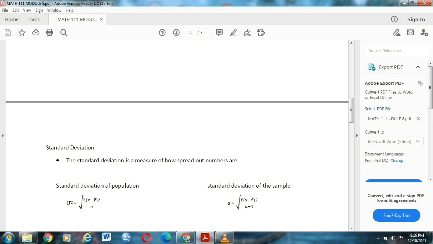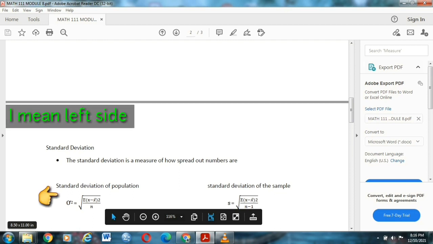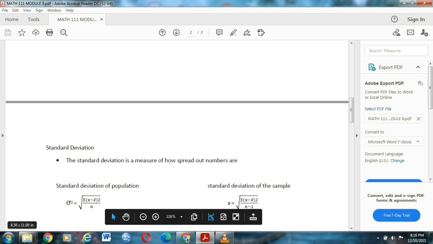So sa standard deviation, kagaya ng variance, meron siyang dalawa, we have population at saka sample. Sa formula ng sample at population, kung mapapansin natin, by the way, yung dito sa right side, wala na yung squared kasi inilipat natin sa kabila at naging radical form siya.